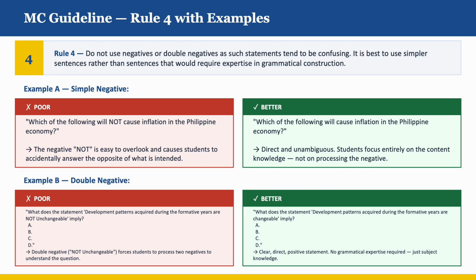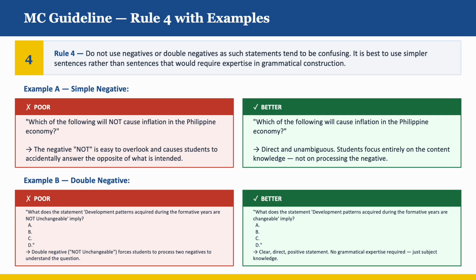So example B, double negative. This is worse. What does the statement development patterns acquired during the formative years are not unchangeable imply? Not and unchangeable. Two negatives. So students have to first decode the double negative, realize it means changeable, and then answer the conceptual question.